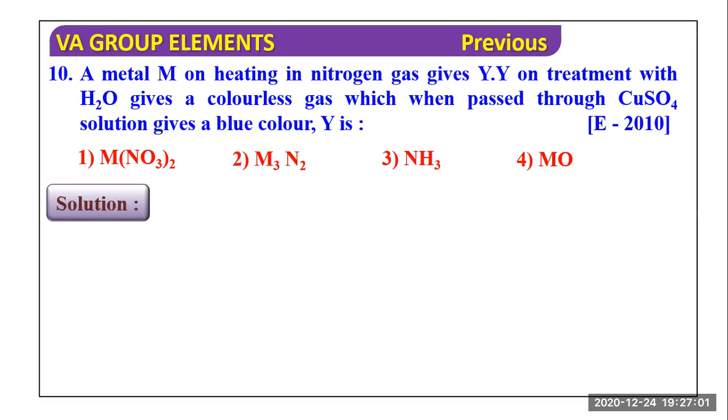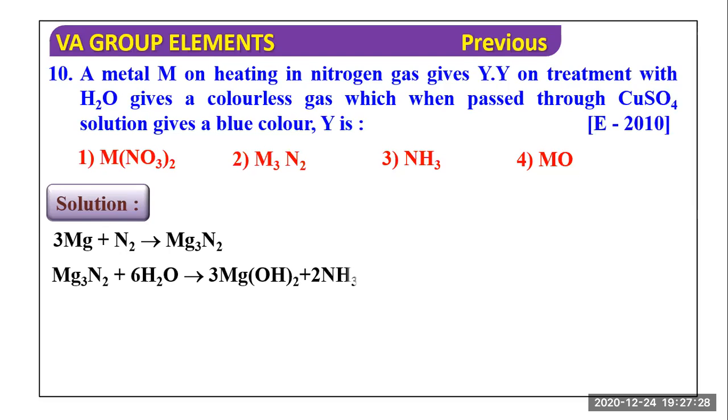It's metal nitride, we already said. Metals like Mg or aluminium always form metal nitrides, which when dissolved in water form ammonia, and ammonia readily reacts with copper sulfate to give a blue color. Okay, you know it. So M3N2 is the correct answer.